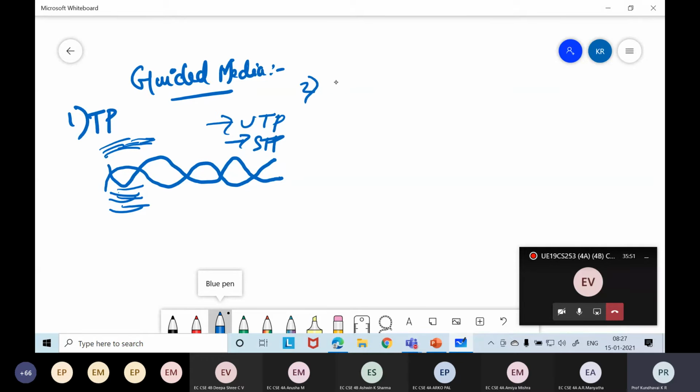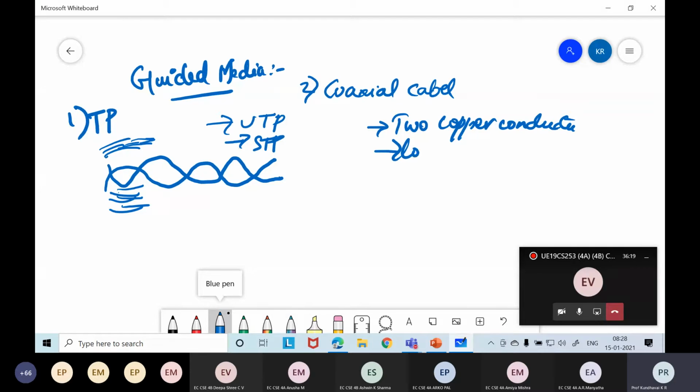And the second one that we will be seeing here is the coaxial cable. I have mentioned this coaxial cable everywhere in the last topic, and we'll see how the technology works. There are actually two copper conductors, but you cannot see two copper conductors. They are concentric, not parallel, which means that when you look, you can see just one point, not two conductors.